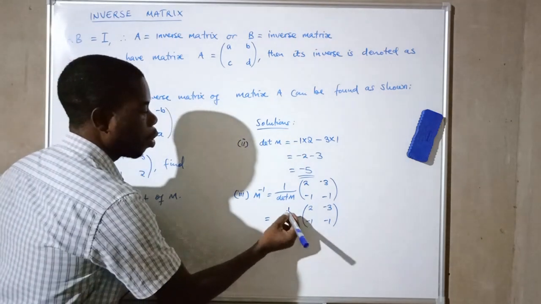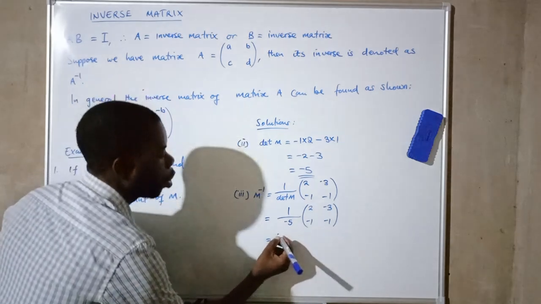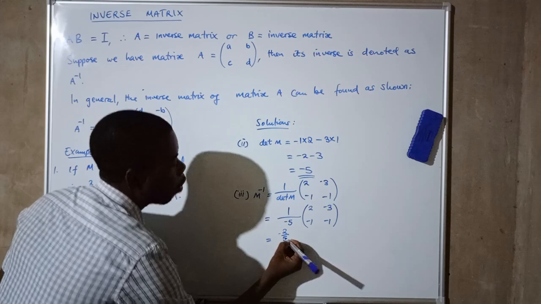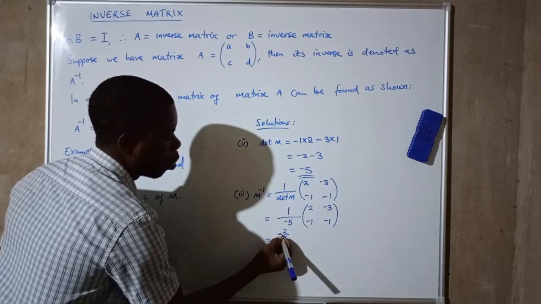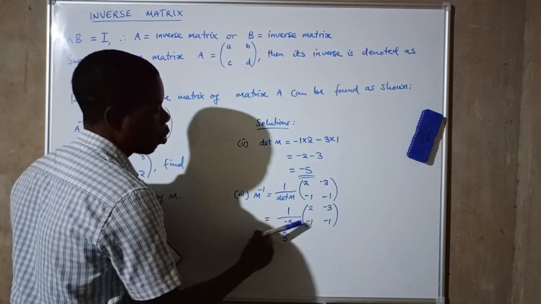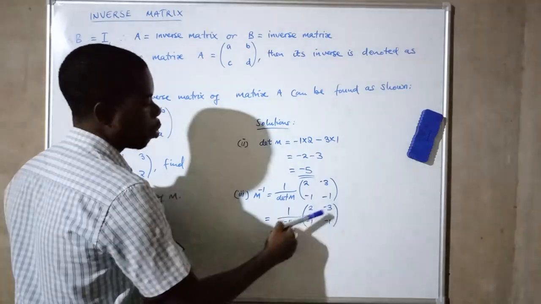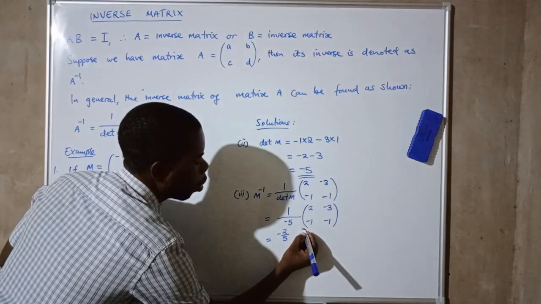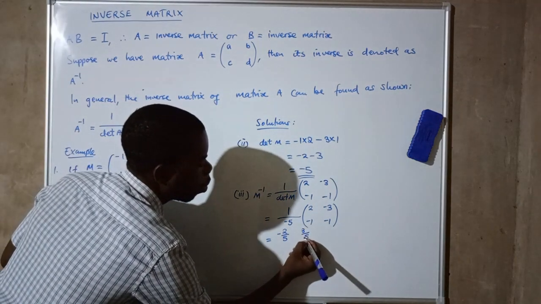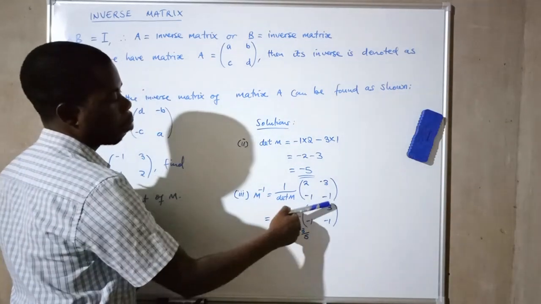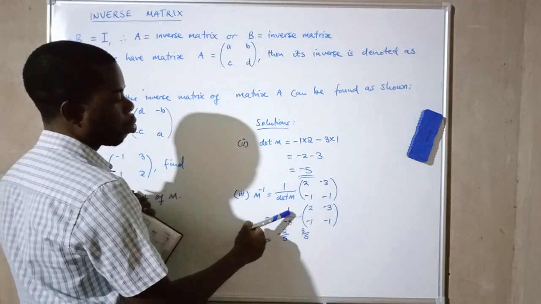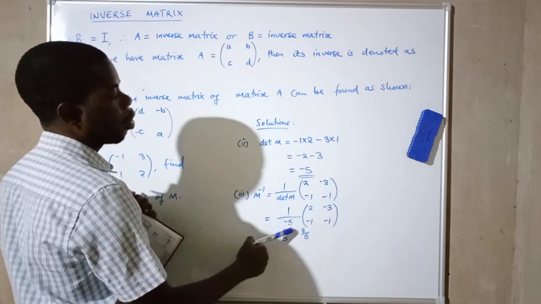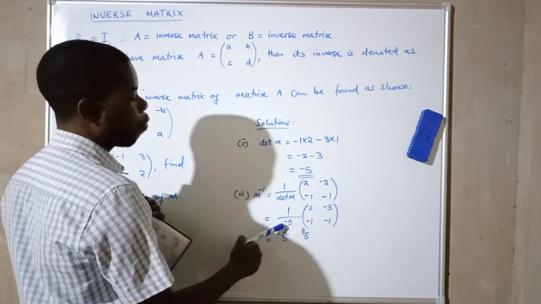So you say 1 over negative 5 times 2, it will be actually negative 2 over 5. So this times this is this. Then this times that, it will be positive 3 over 5. This times that, negative, negative, positive. So 1 times 3 over 5. Then the same, 1 over negative 5 times that negative, negative, positive.